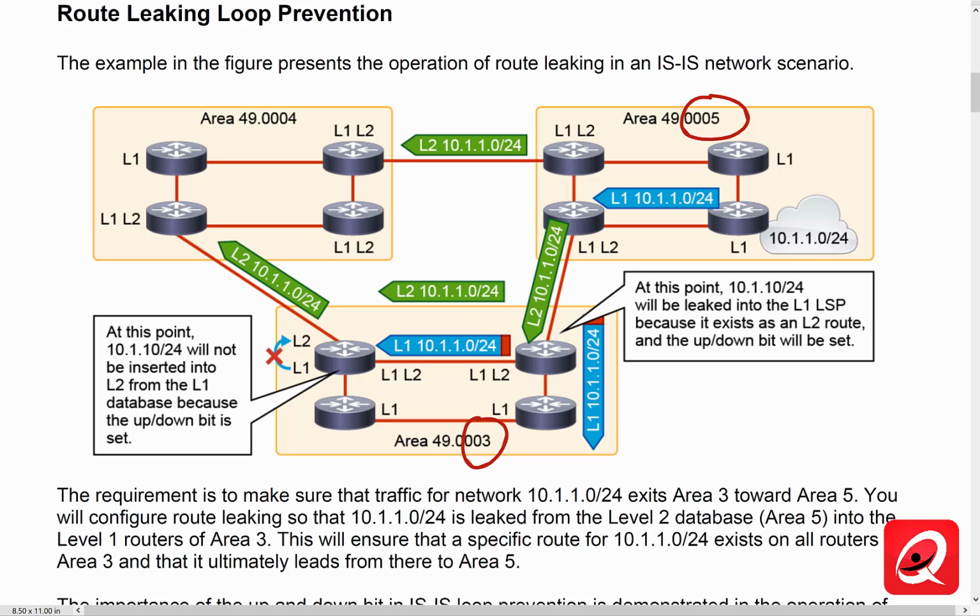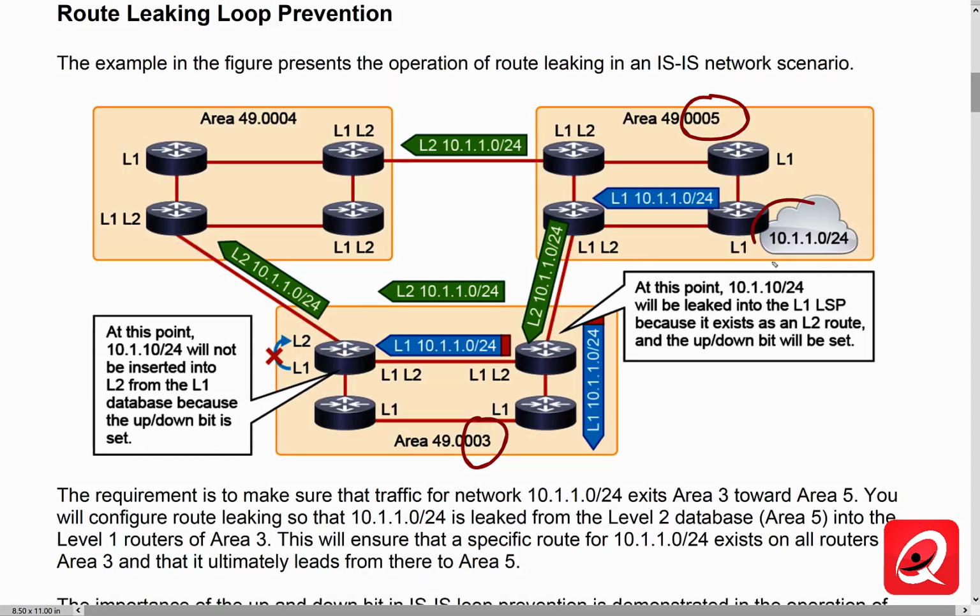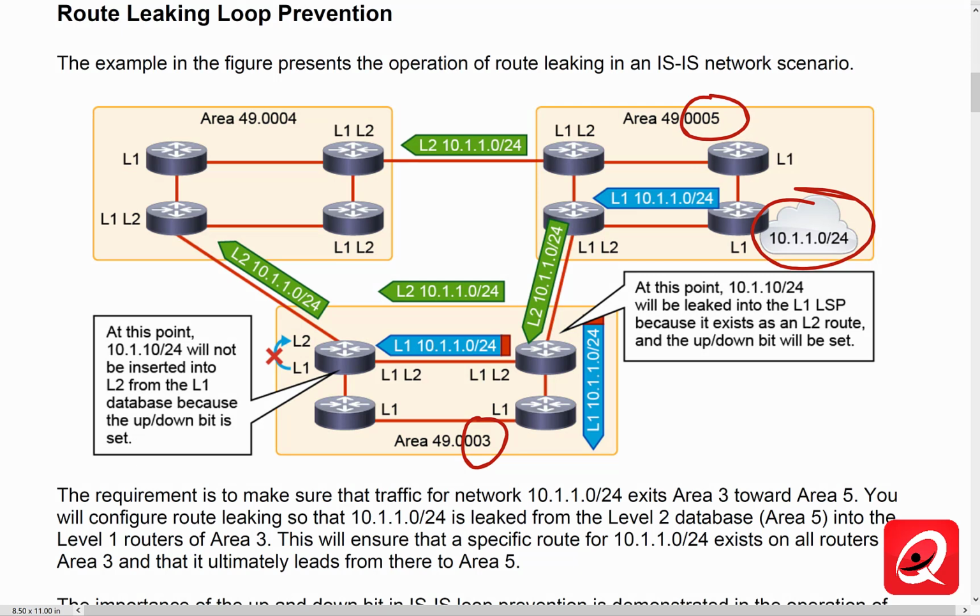We want to make sure that we leak the 10.1.1.0 network from the level 2 database in area 5 to the level 1 routers of area 3, because the 10.1.1 destination is, let's see, it doesn't really show us where that destination is. I guess we kind of have to assume it's in area 3, but oh no, it's over here, area 5, okay.